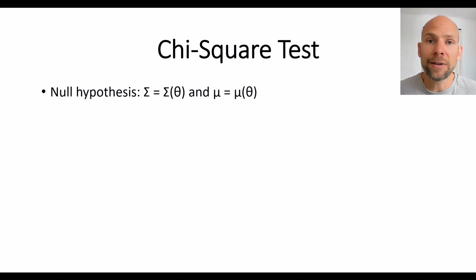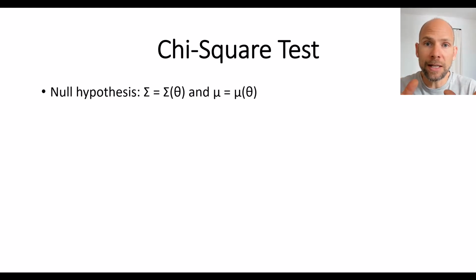But first of all, one thing that we do to test whether overall there's a discrepancy between our model and the data is we use a so-called chi-square test of model fit. The chi-square test of model fit is an overall test for the null hypothesis that the covariance matrix in the population, sigma, is equal to the model implied covariance matrix, sigma theta, and that at the same time the mean vector in the population, mu, is equal to the model implied mean vector, mu theta.